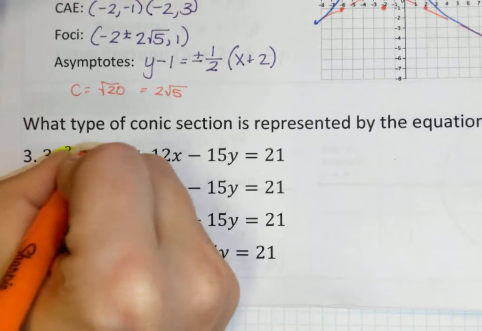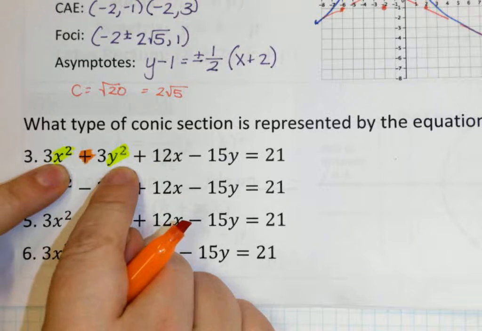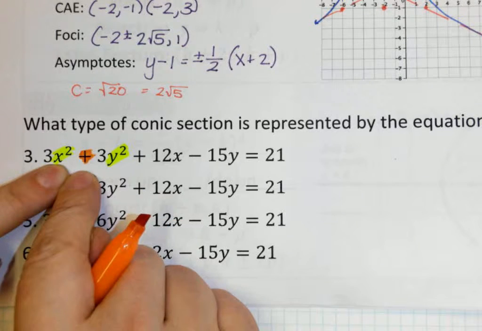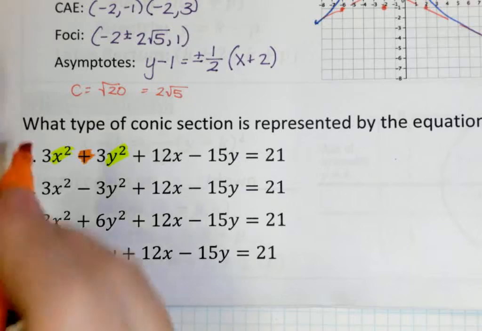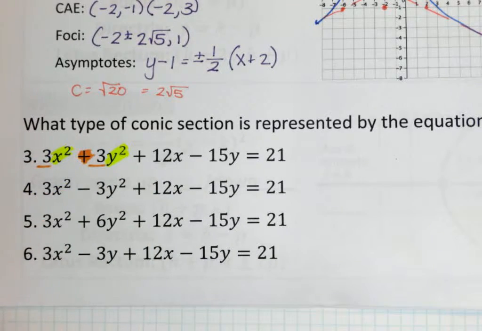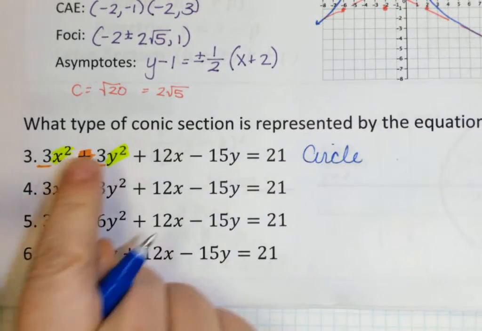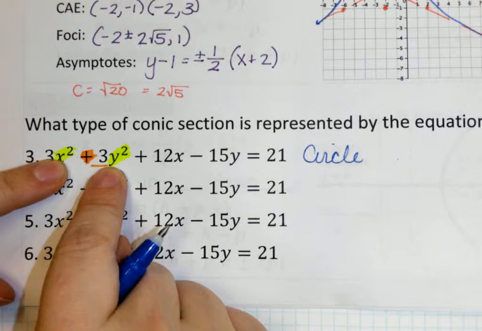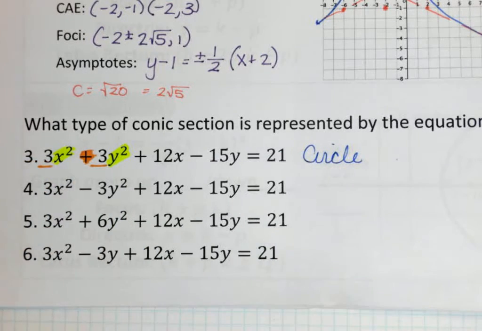And then we look at the coefficients. So I have x squared and y squared with a plus. That's going to narrow me down to what or what? Circle or ellipse. Then I look at these numbers. So what is that going to be? That is a circle. X and y are both squared with a plus between them and coefficients are identical. That's a circle. What's important on number 4?